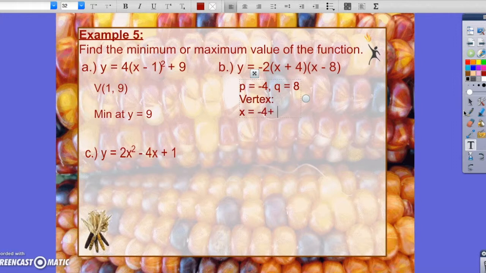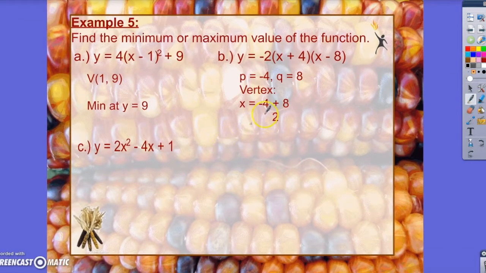So -4 plus 8 over 2. -4 plus 8 is 4, over 2, which is 2. So that's the x coordinate of my vertex.